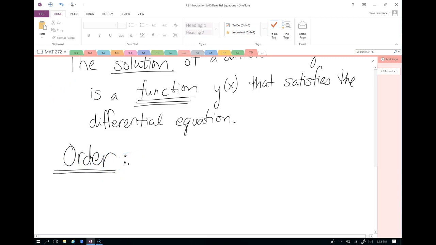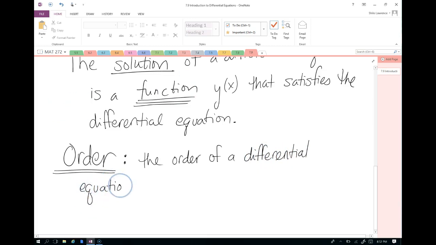So the order of a differential equation is just the highest order derivative that you see throughout the equation. We solve first order equations very differently than we solve second or third or fourth order equations.